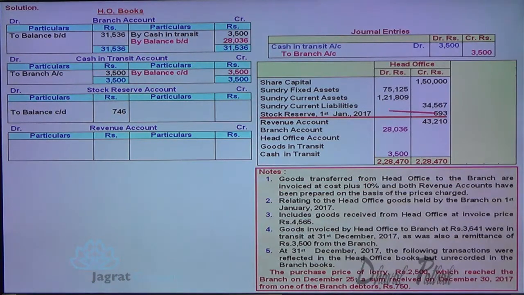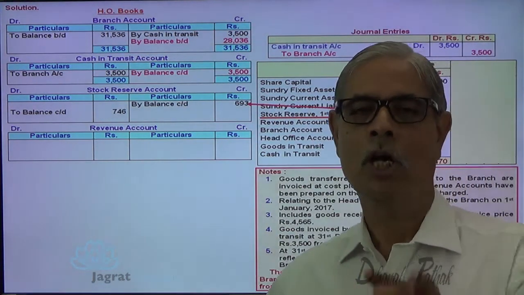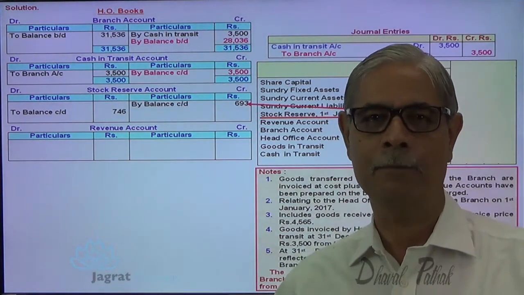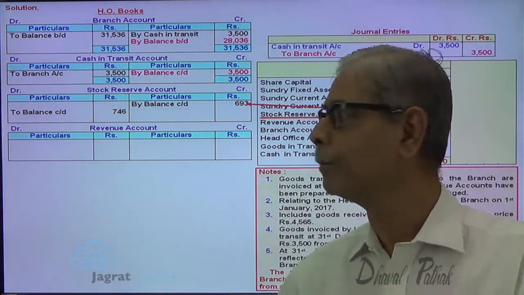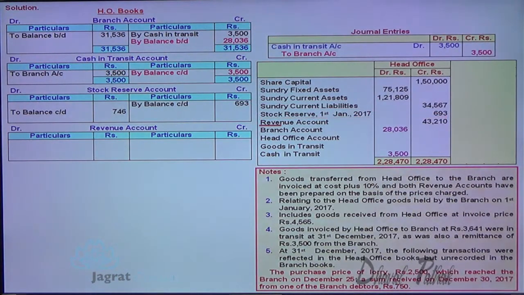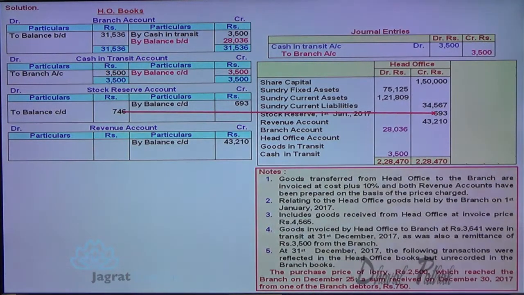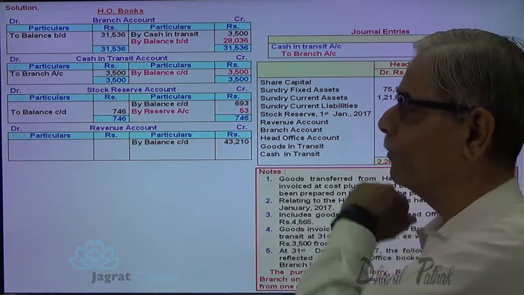Now 693 reserve is already existing. So how much additional stock reserve is required for the unrealized profit? The revenue account will be debited. Let me write down the balance of the revenue account. This stock reserve balance will become 746, so the additional reserve required is 53 rupees.